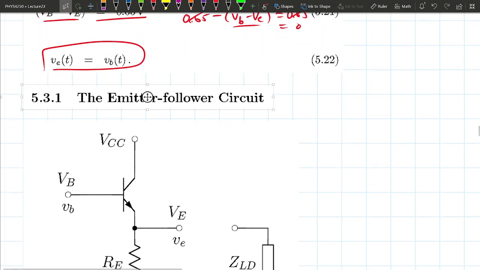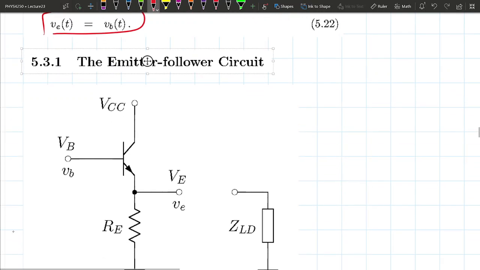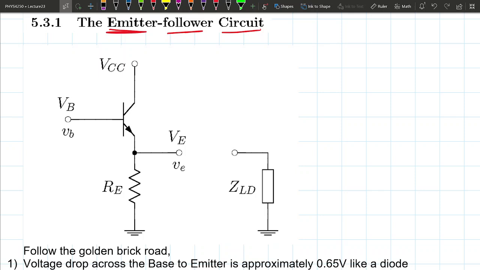Let's see what happens when we have a time-dependent voltage applied to a transistor circuit. This is known as the emitter follower circuit. You're going to see at the end, it's kind of a pointless circuit, but then I'm going to dispute that. So you have a transistor and you have some voltage source that's a combination of some constant one and some time-dependent part.